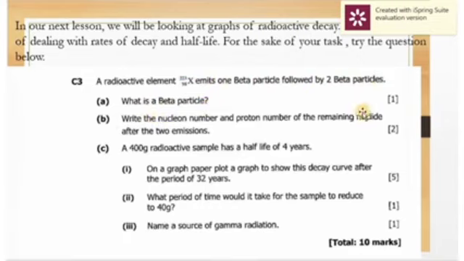You get 1 mark if you explain that. Write the nucleon number and the proton number of the remaining nuclide after the two emissions. You get 2 marks. You rely on the equations we did on radioactive decay to be able to answer these questions. C, a 400 grams radioactive substance has a half-life of 4 years.